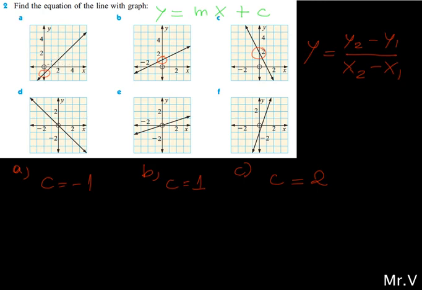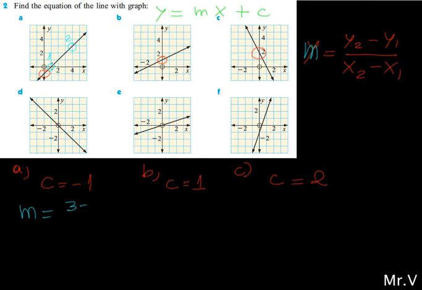For example, I'm going to use this point and this other one. I'm going to call this my first point, and this my second point. So if I use the formula, sorry, this is m. The slope should be equal to y2, my second point. What is the value of y? 3, minus y1.